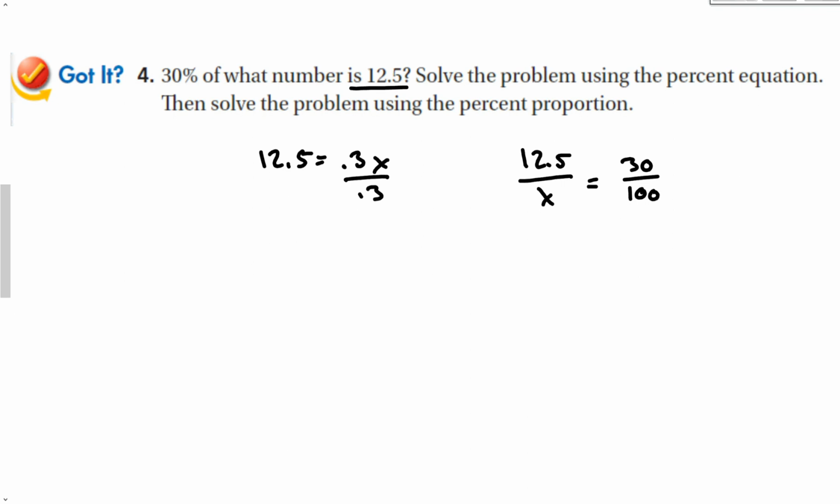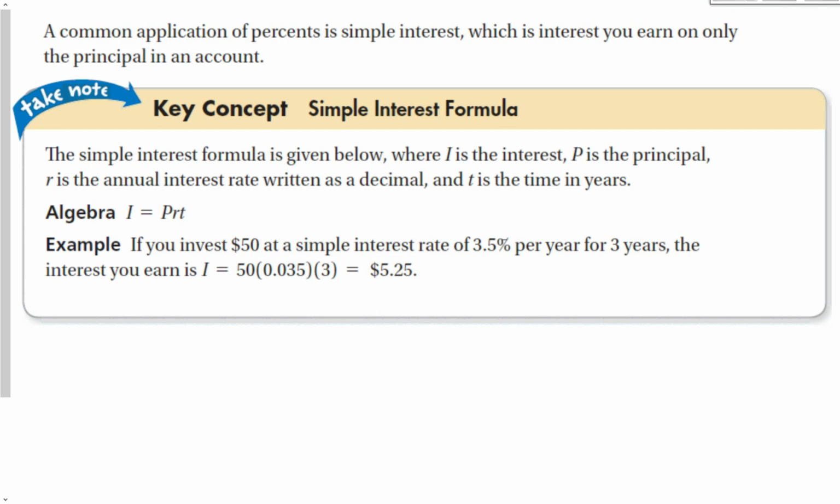And both of these methods will lead us to the answer. 12.5 divided by 0.3 gives me 41.6. And same thing here, 12.5 times 100 gives me 1250 equals 30x, divided by 30, and we get the same thing. X is 41.6.